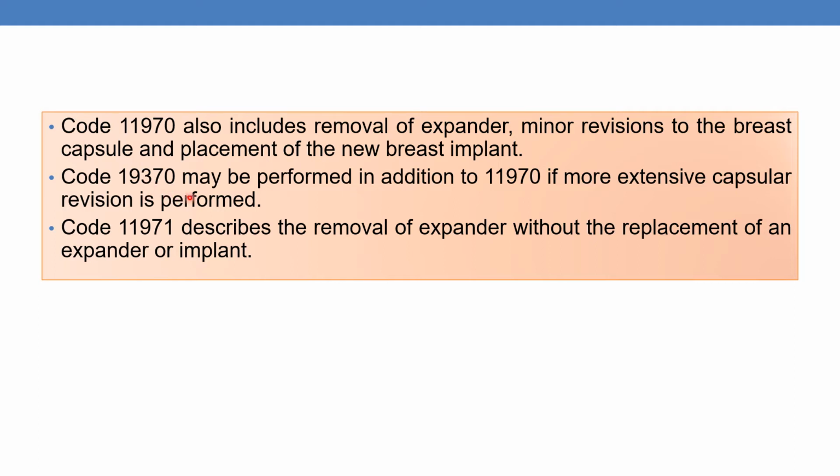Whereas code 19370 may be performed in addition to 11970 if more extensive capsular revision is performed. The code 11971 describes the removal of the expander without the replacement of an expander or implant.